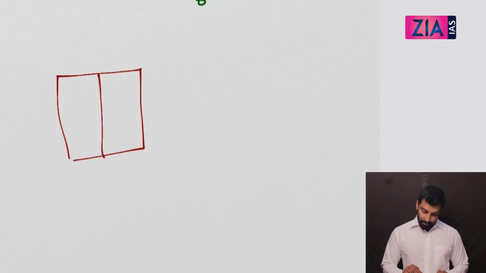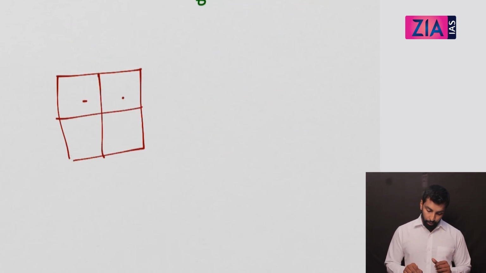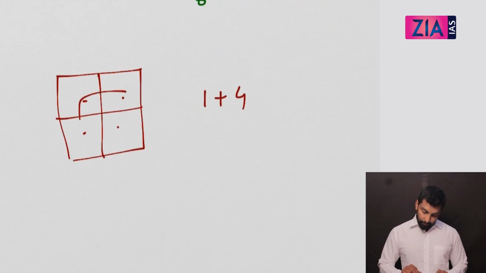The application questions we have already seen like this. You have a 2 into 2 square. So I ask you how many squares are there in this. 1, 2, 3, 4 and the big one, 5. So actually this is 1 plus 4, right? Because these 4s and the bigger one, that's what 1 plus 4.